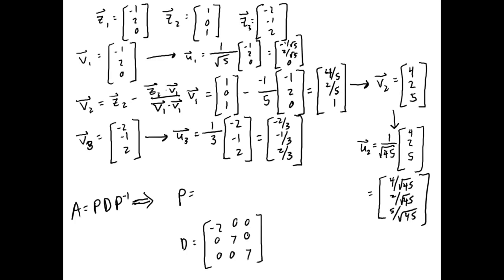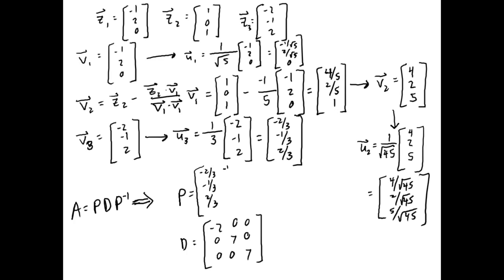There's my diagonal matrix. And now let's just remember, the negative 2 column has to correspond with the eigenvector that went along with that negative 2. So that would be the negative 2/3, negative 1/3, 2/3. And then the 2 columns with 7s correspond with the 2 vectors that came from the 7s.